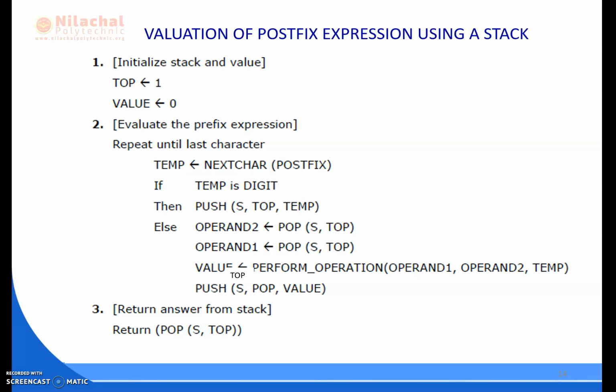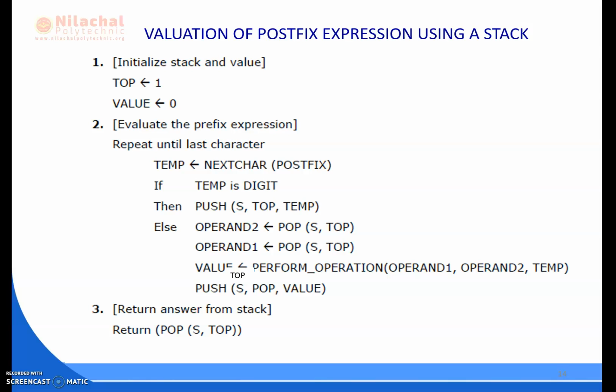Temp is a single character of the expression. For example, if we take a multiplied by b, here a is one temp, multiplication is one temp, and b is another temp. So temp is each character of a given expression.